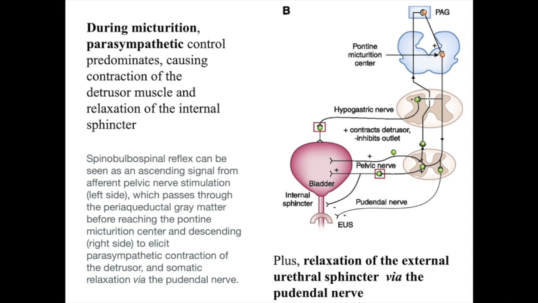That's parasympathetic. So we are blocking the sympathetic, we are stimulating the parasympathetic. And then if the moment is right, we should be able to relax the external urethral sphincter, which occurs via the inhibition of the pudendal nerve.